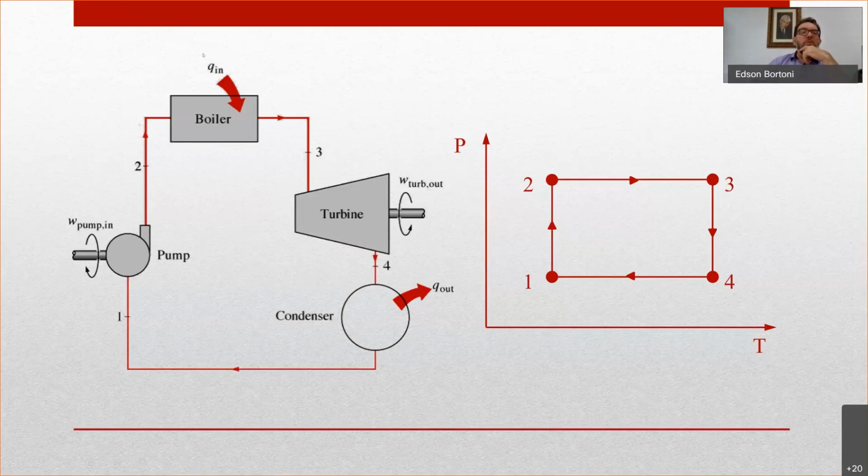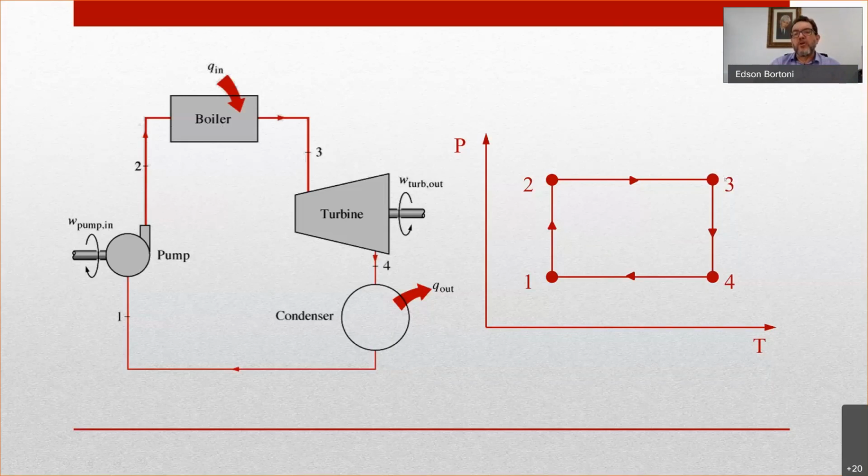So you give heat to the fluid. You increase its temperature because you give heat, no matter where this heat comes from. We are talking here only about giving heat to the water. So the temperature increases and the pressure stays the same because we have no change of pressure here.